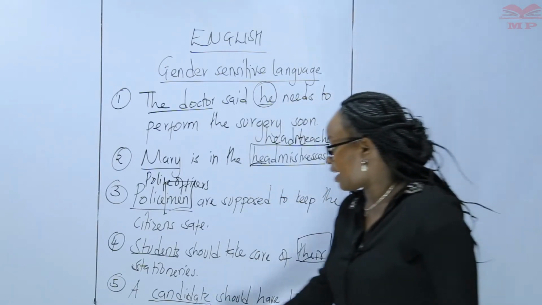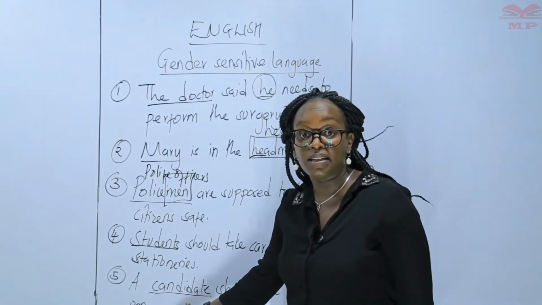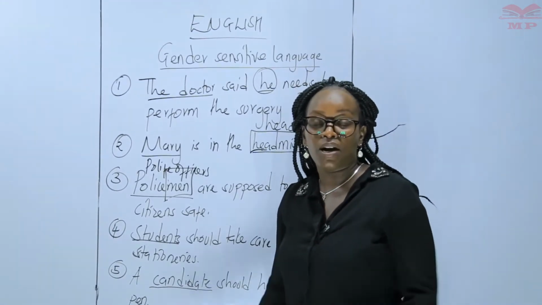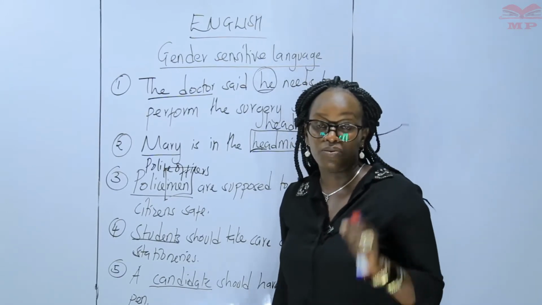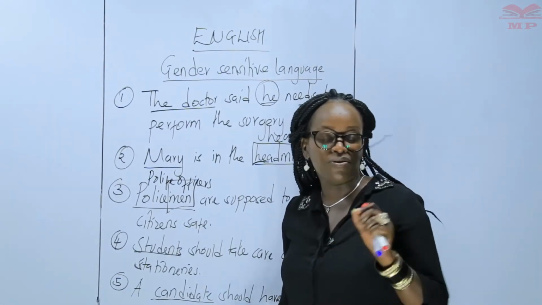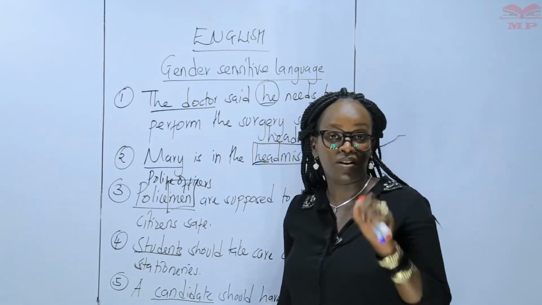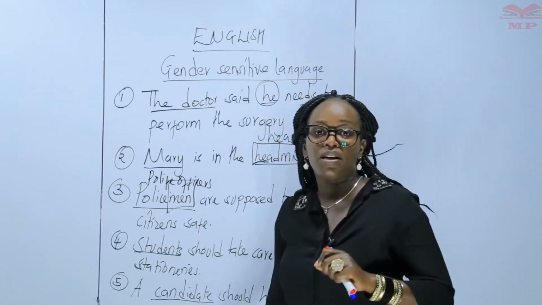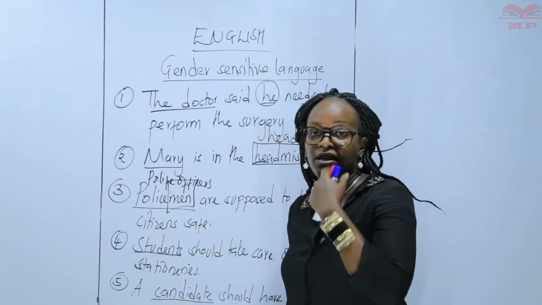So this sentence here, of course, the subject is the word candidate, and a candidate can be from any gender. I know right now I may be speaking to some of the candidates that will be sitting the exams this year, or all of you are bound to be candidates at one time. If it's not this year, next year, or the other year. So we have some of you that are actually male and others are actually female.